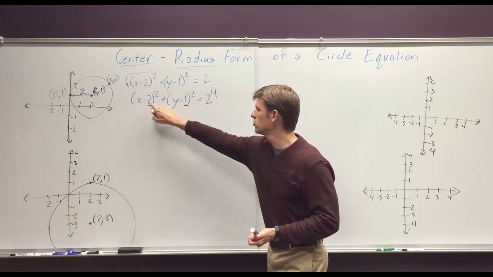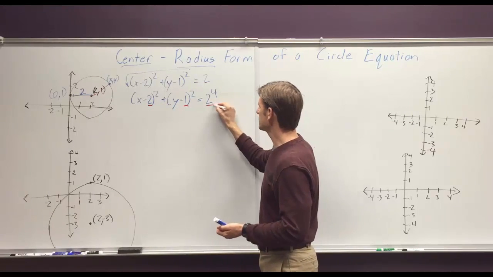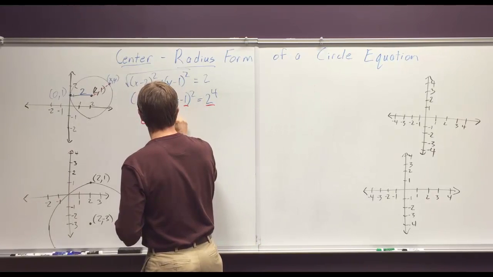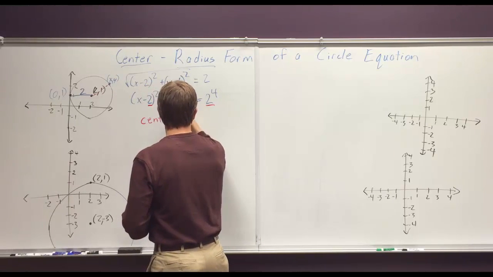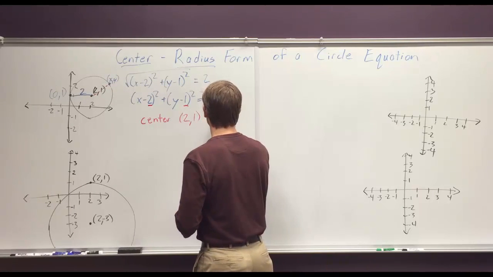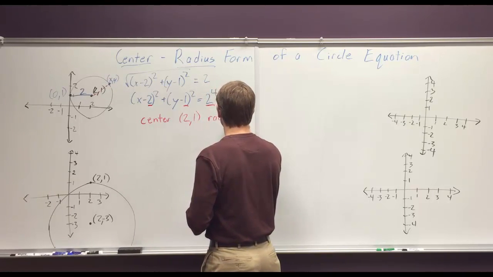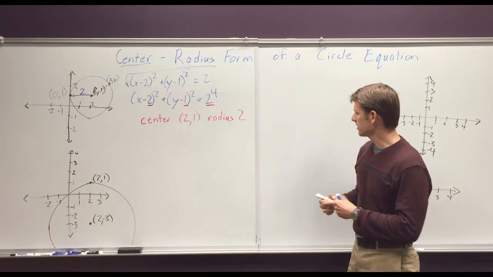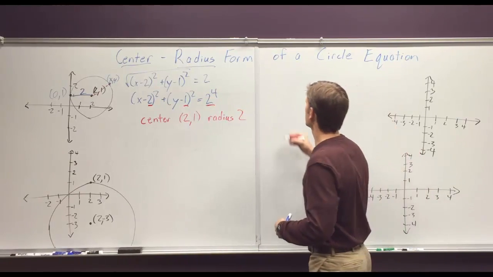The center is at the point 2, 1, and the radius is 2. Center 2, 1, radius 2. See that?